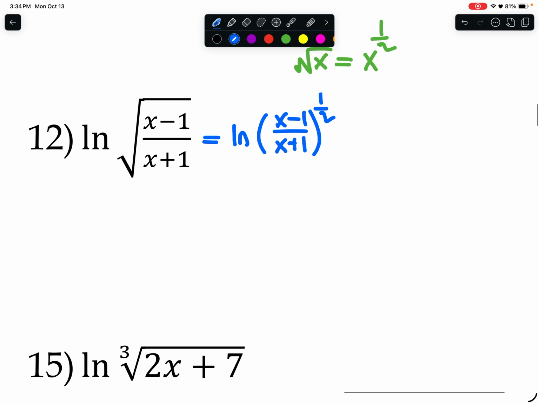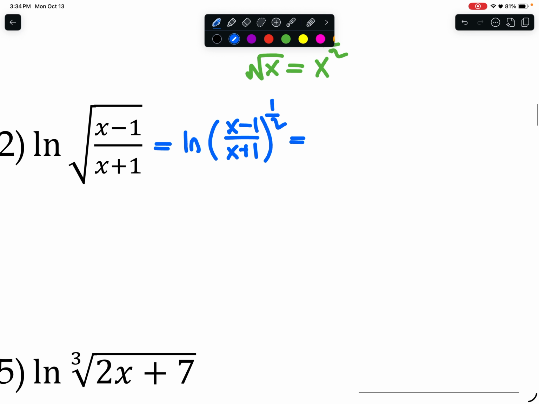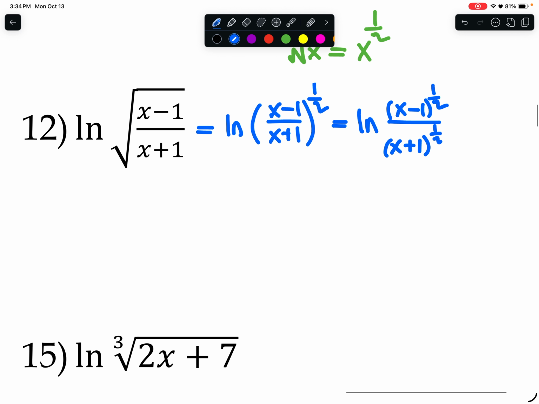There are multiple ways that you can approach this problem. Personally, I like to do it this way. I'm going to quote-unquote distribute that exponent to the numerator and the denominator. Because those are being divided, I'm going to subtract them.